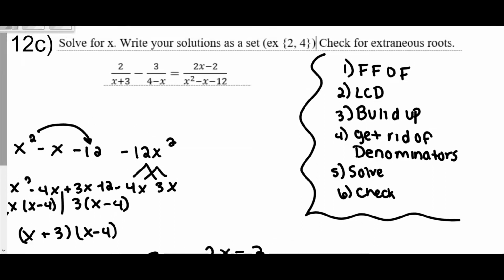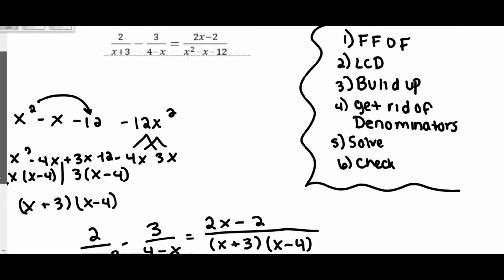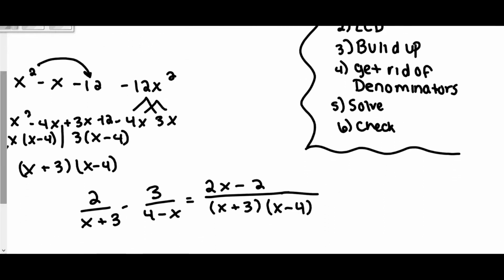So our first step always is to factor first, and I saw that I could factor the denominator, so I used my AC method to factor x squared minus x minus 12, and I got factors of x plus 3 and x minus 4, and then I just rewrote my equation using my new factors.